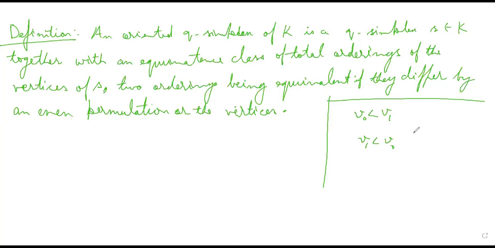They differ by an odd permutation, right? This 0, 1: 0 goes to 1, 1 goes to 0. So these two orderings will give different equivalence classes.